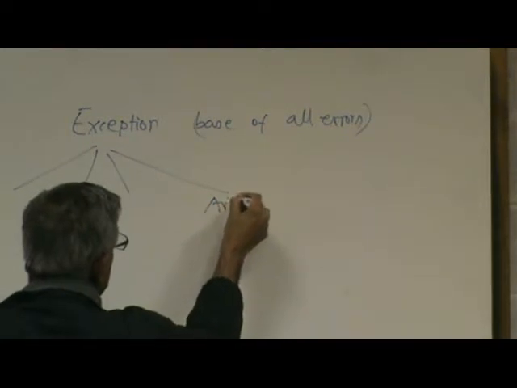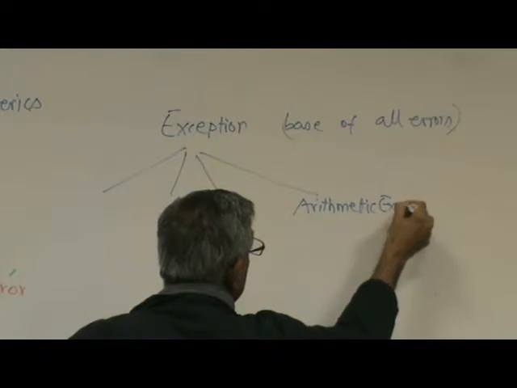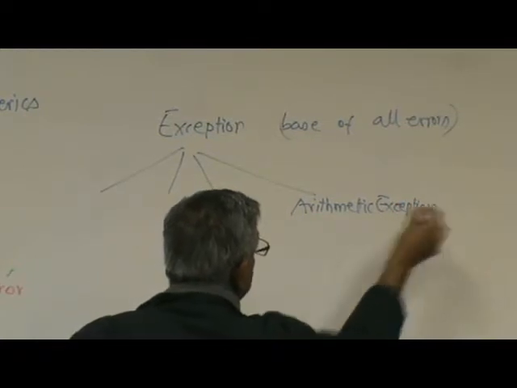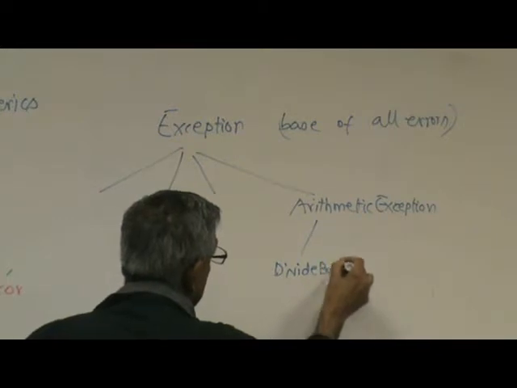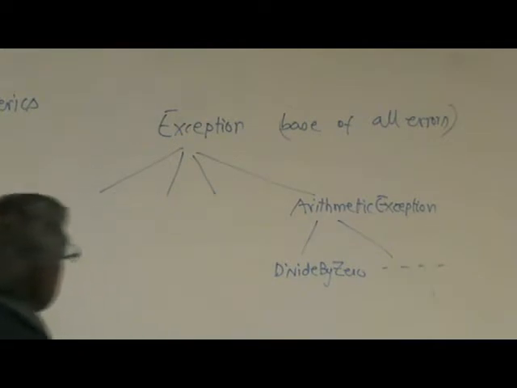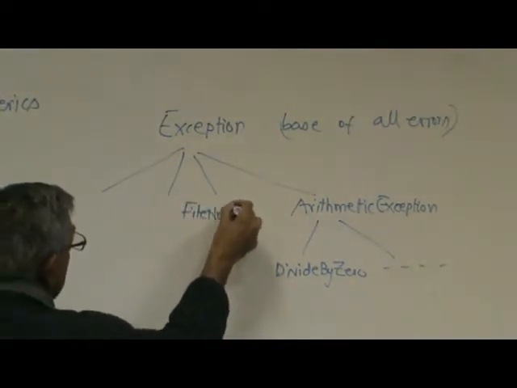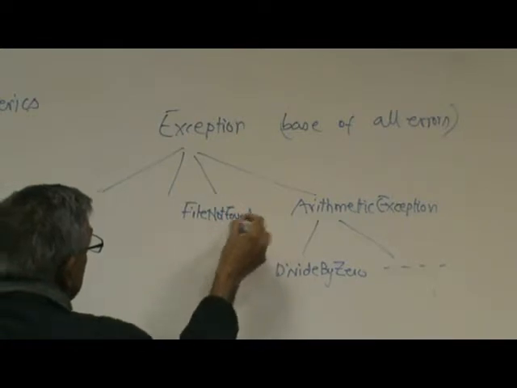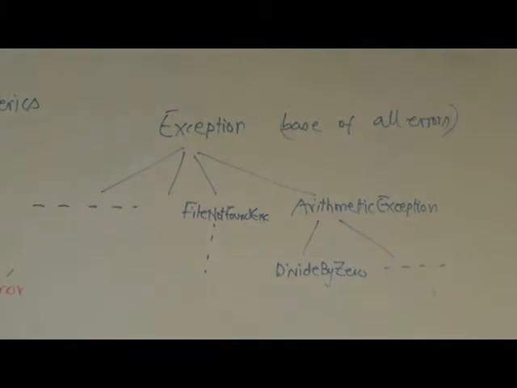For example, there's an ArithmeticException, which further has DivideByZeroException, and some other exceptions. There's one related to files: the FileNotFoundException. And there are lots of other exceptions that you'll gradually get better at.